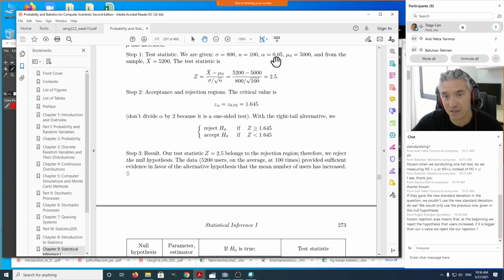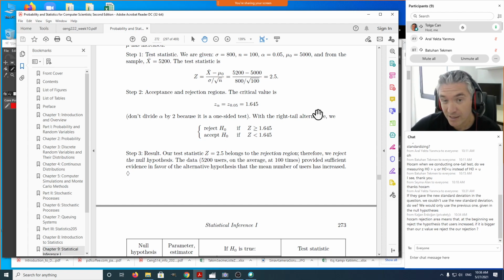I mean, your alpha is going to be some large value, which will mean a very large rejection region. So you're going to convict many people. So the rejection area means that when we have a z-value in that rejection region, we reject our null hypothesis.